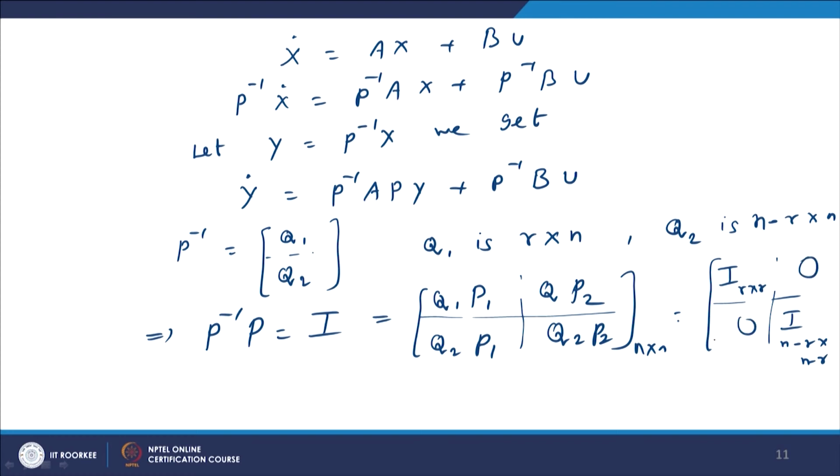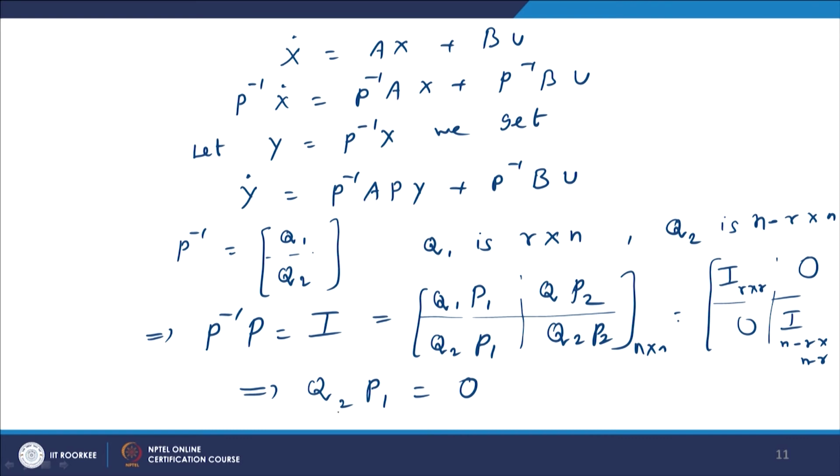So Q1 P1 is identity and Q2 P2 is identity, and the remaining are 0 matrices. In particular we are interested in Q2 P1, which is the 0 matrix of the proper size.